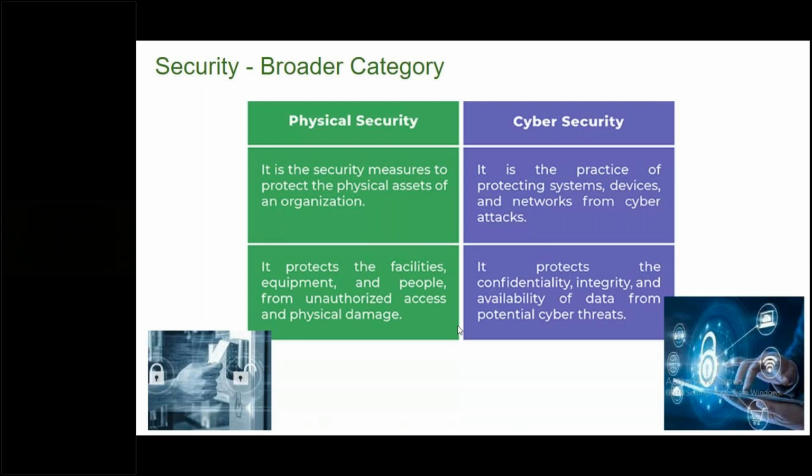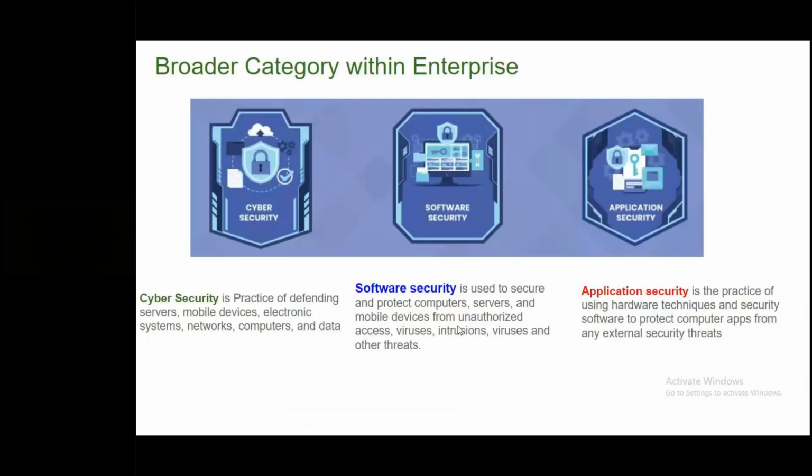Now, when you double click on the software side of your security, you will hear three things: cyber security, software security, and application security. Cyber security, as I have told you already, will include the whole ecosystem.